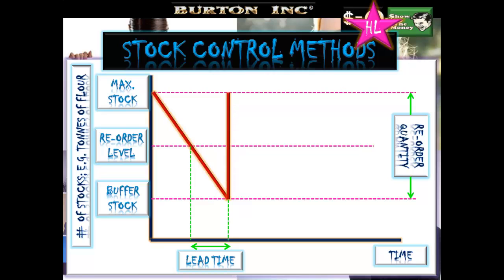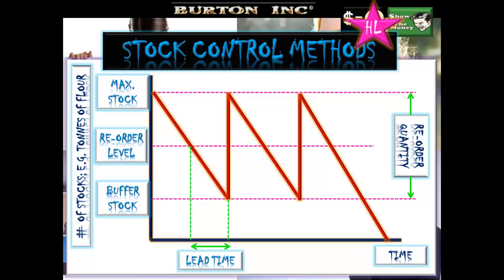So our flour supplier kicks in, the flour stocks get delivered, and suddenly we're back up to maximum stock again. That's the amount reordered. Over time again, flour stocks run down as we bake our bread, and reorder level runs down.